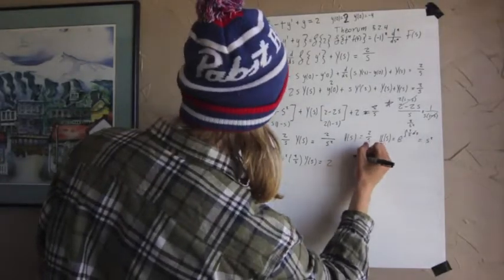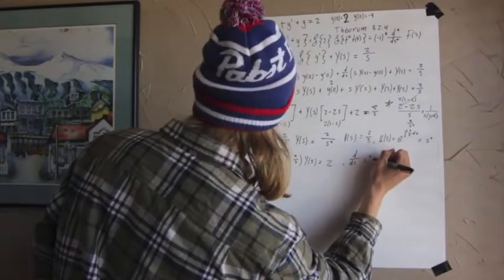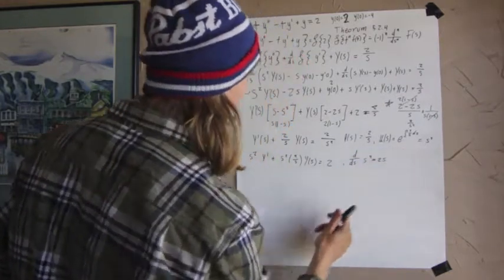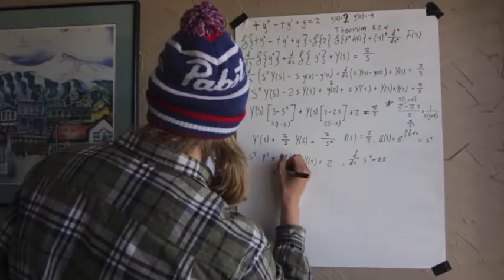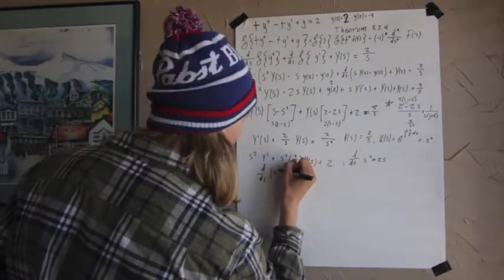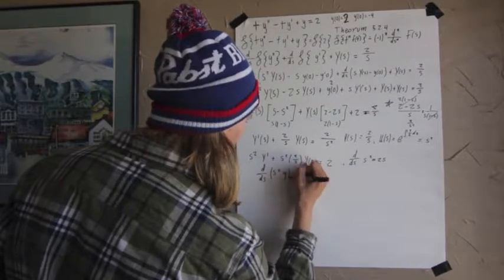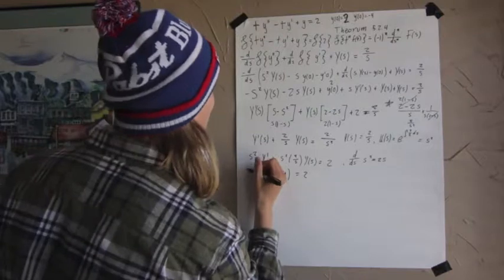And then considering that d ds of s squared is equal to 2s, we can see that this simplifies to d ds of s squared times Y, and that's going to equal 2.